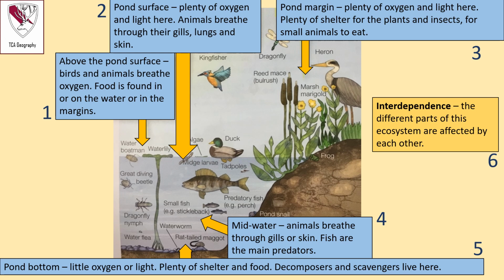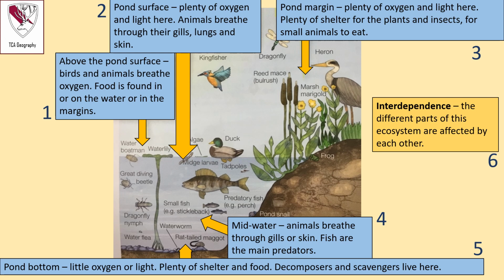Scavengers are organisms that eat things that they come across. So a scavenger might be able to eat part of the dead perch, for instance, but it wouldn't have been able to hunt the perch whilst the perch was alive.